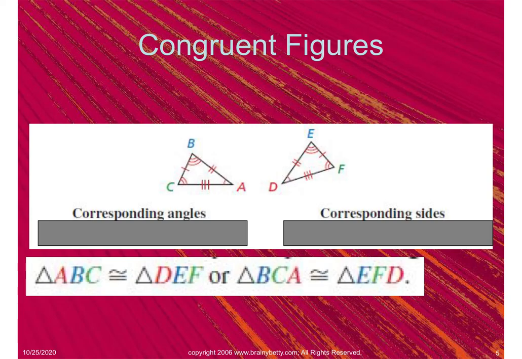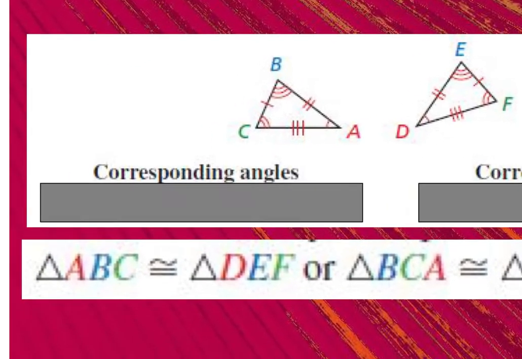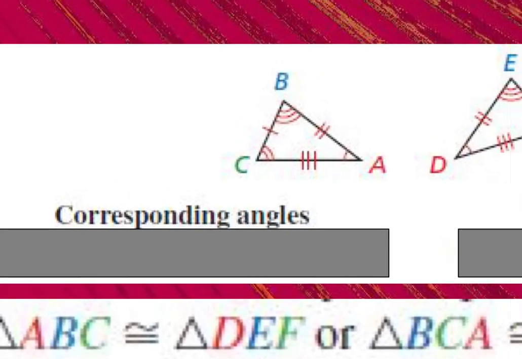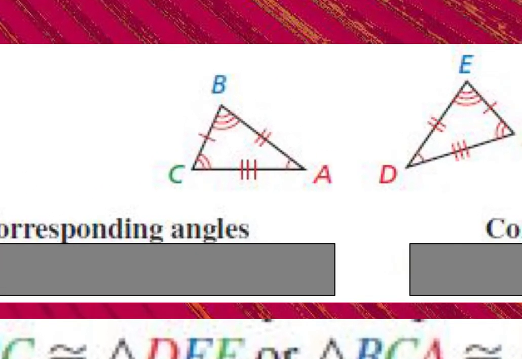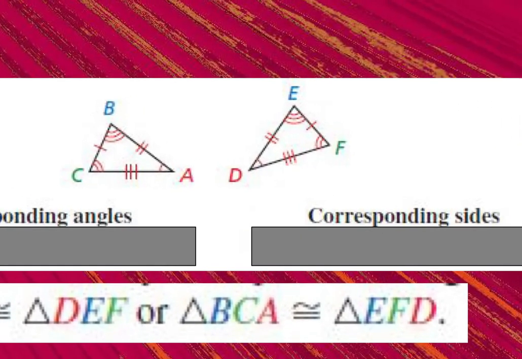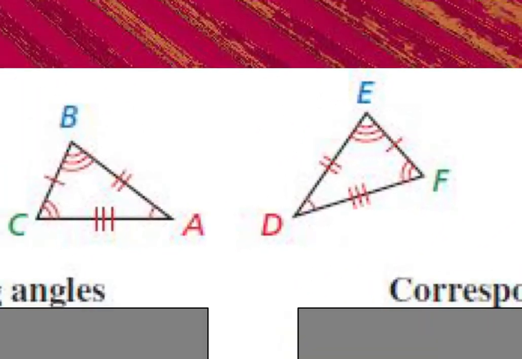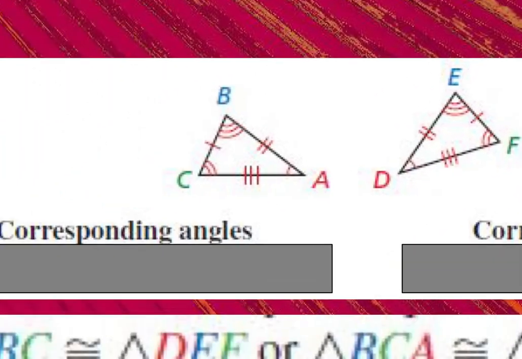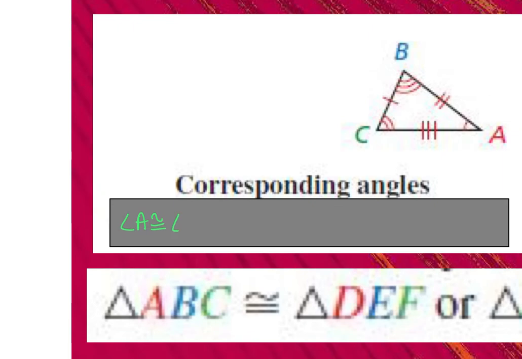Okay, so congruent figures. Let's identify the congruent parts. So corresponding angles. Okay, let's match up which angles are congruent. Well, let's start with the measure of angle A. If we're saying congruence, we should say angle A is congruent to, and I see that angle A is the same degrees as angle D. So it's congruent to angle D. The second part, we should have three congruence statements here.